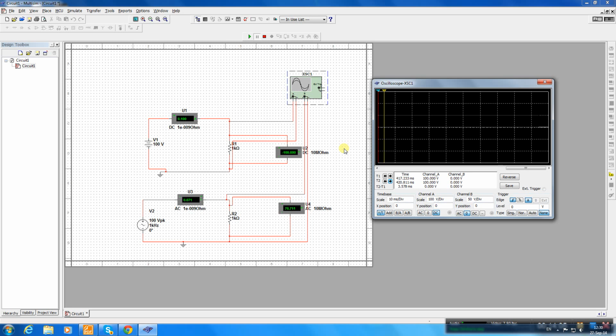Just some screenshots maybe, and also answers to the questions. As a reminder, the first one: why do current and voltage differ if we have the same source of voltage with the same peak value, but two cases, DC and AC. And the second one: why in the case of DC do we have negative voltage here.